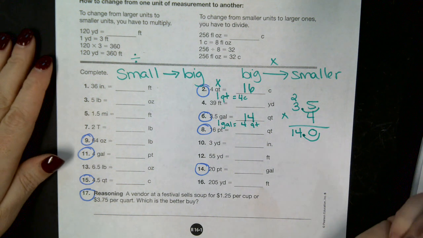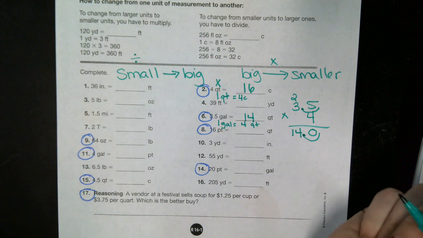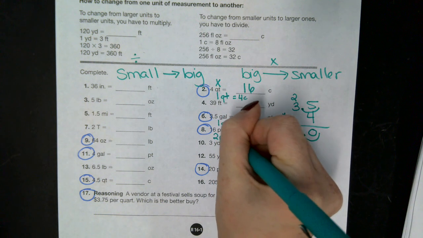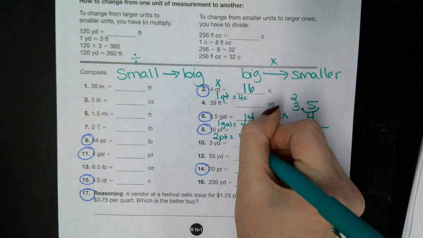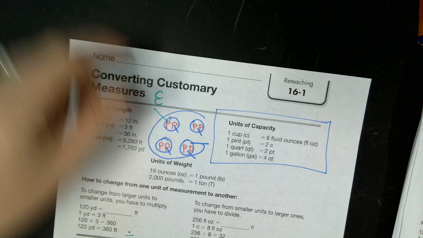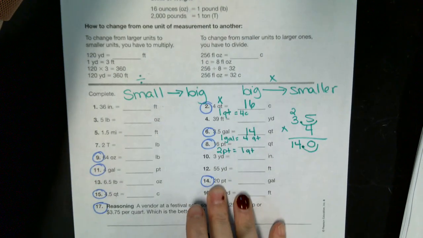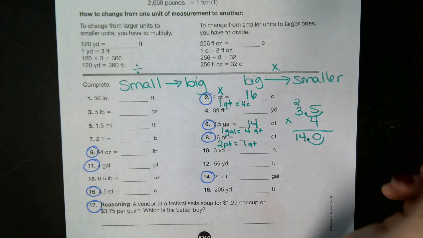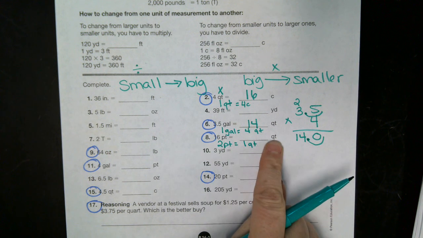How many pints are in a quart? In 1 quart? So 2 pints equals 1 quart. And I can come up here to my G, and I can look at the quart, and there's 1, 2 pints. All right, so I'm going from pints to quarts.